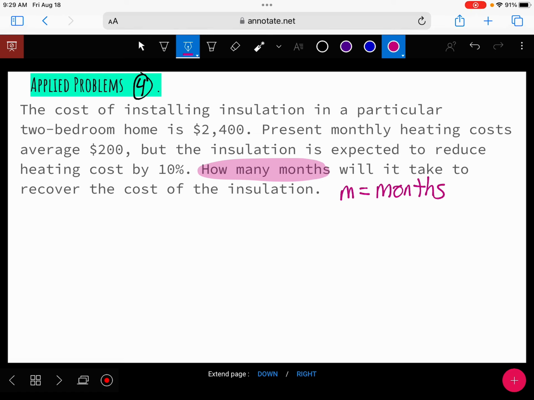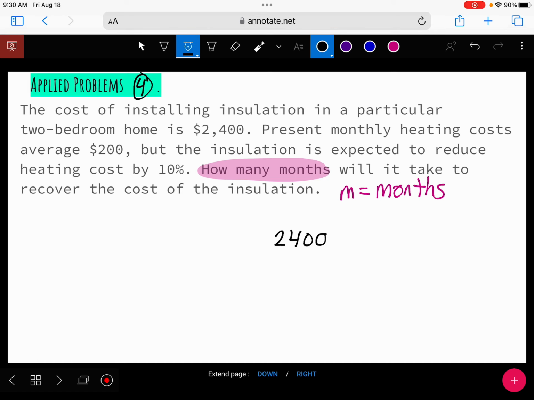All right, what pieces do we see in here? What can I write down? The $2,400. I'm going to word it in a slightly different direction. That's what I want to know, how much we make up until.